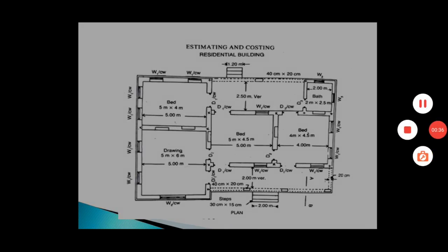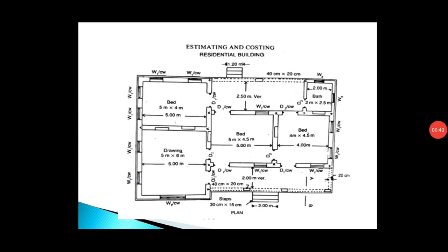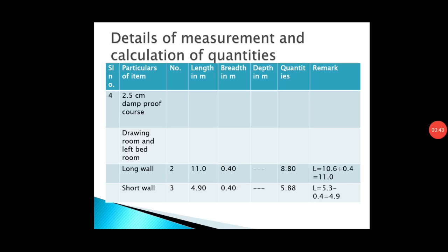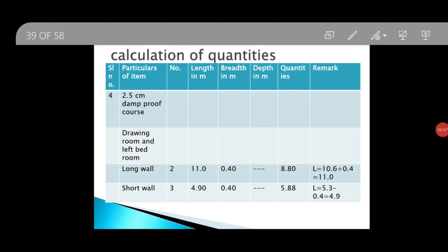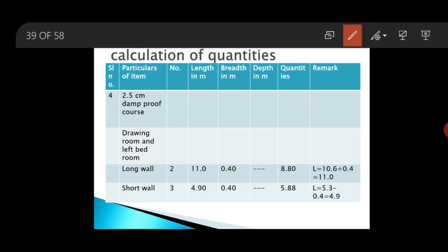Okay. So for this, first we will move to the details of measurement form. So here write down under particulars of item, 2.5 cm damp proof course. First we will go for the first part, that is drawing room and left bedroom.